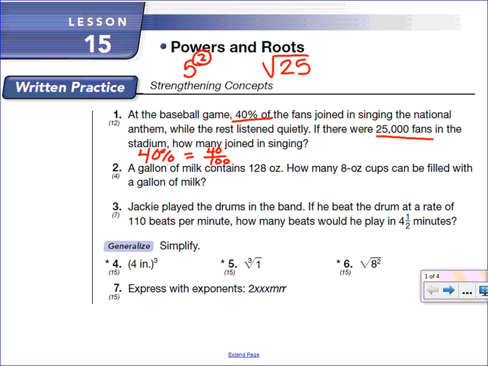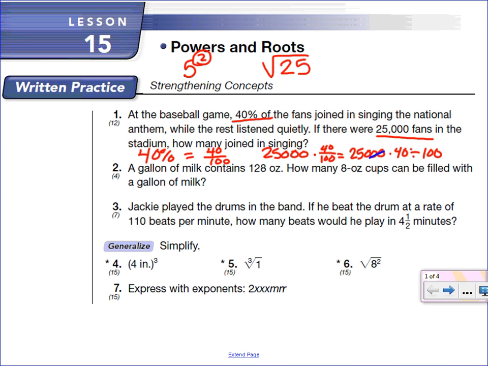So we'll take 25,000 times 40 over 100. That means I'm going to take 25,000 times 40 divided by 100. I'll just do the divided by 100 in my head.